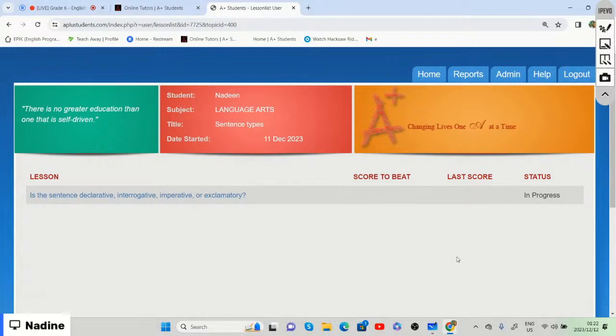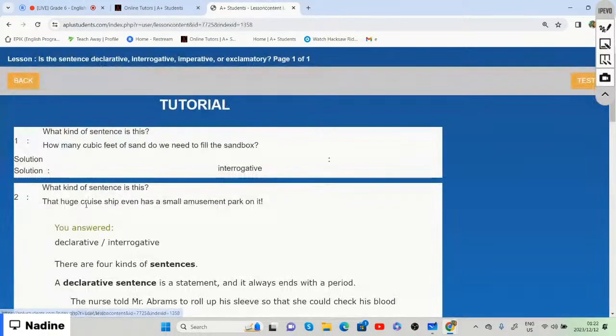So when it comes to sentence types, we're going to ask ourselves: is a sentence declarative, is it interrogative, is it imperative, or is it an exclamatory sentence?